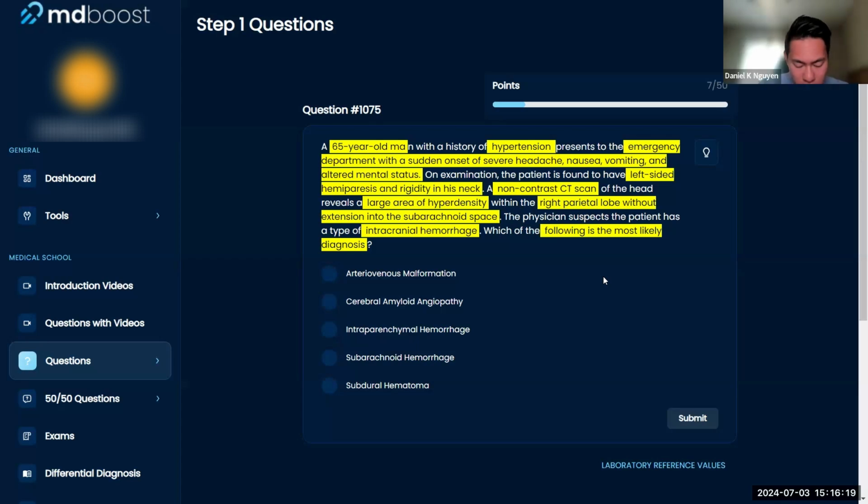So let's see, hyperintensity on the right parietal lobe. Okay, so there's no sign of it being due to trauma. Right off the bat, it's not anything like subdural or subarachnoid or stuff like that.